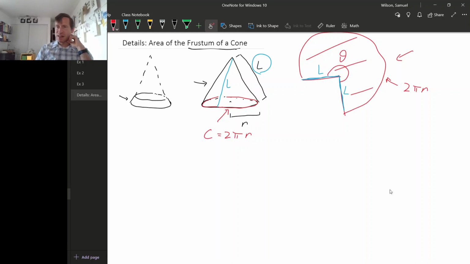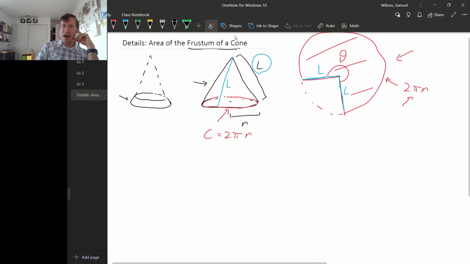So to find theta, we're going to have to make some relationship between the circumference of the entire circle and the piece of the circumference that we have right here. So when you have only part of a circle like this, the distance around the outside, we called this C over here, on the one hand, we have a formula for it.